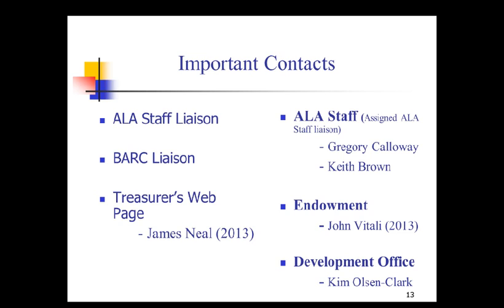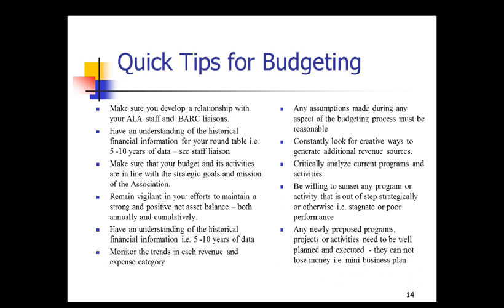Also listed are important contacts that you may find useful as you develop and review your budget. We've also included a quick tips for budgeting that will hopefully provide additional information and serve as a resource sheet for you and members of your roundtable.